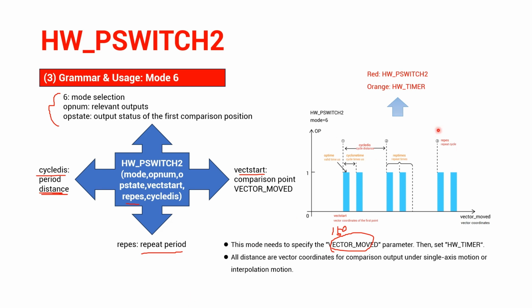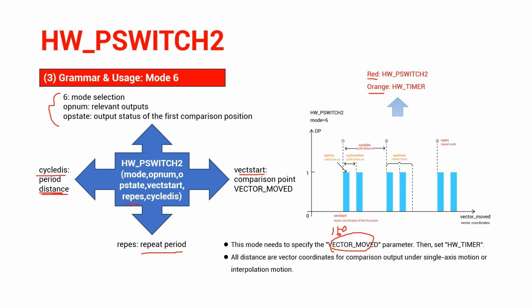Okay, see the right. This shows how each command works. The red parameters are controlled by the current HW-PSwitch2 instruction, and the orange parameters are controlled by the HW timer. Specifically, it controls output pulse width and times when arrived at each period trigger position.